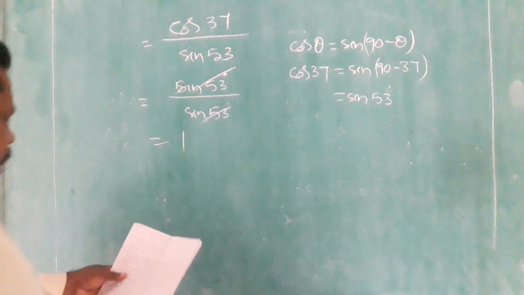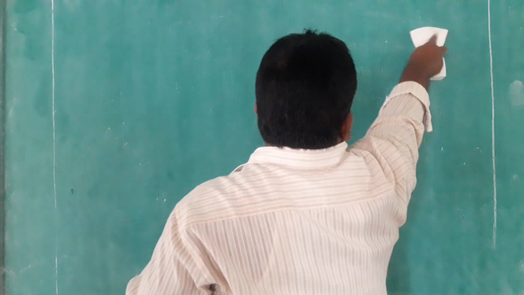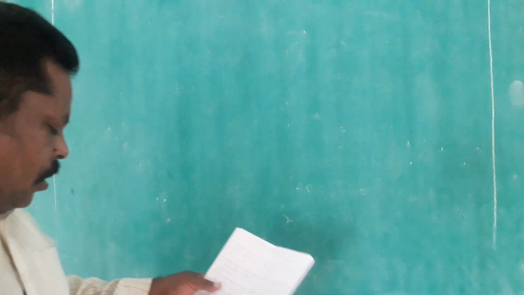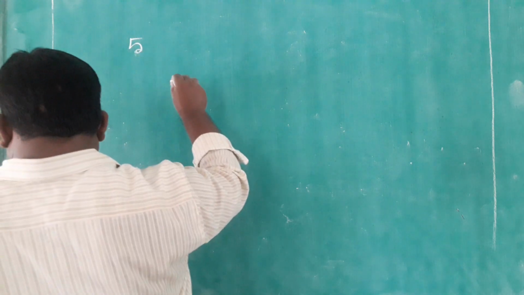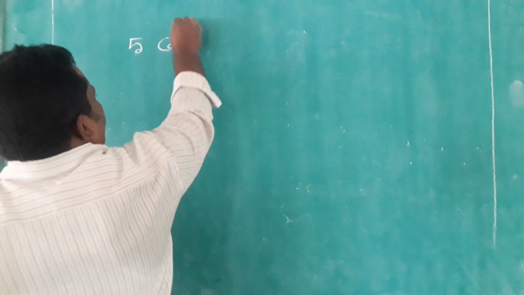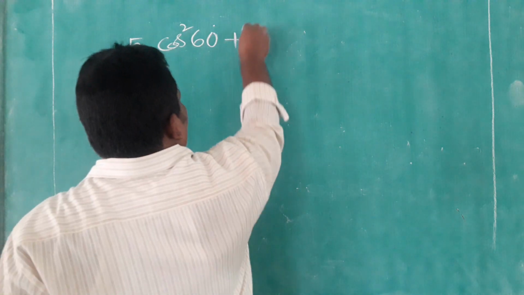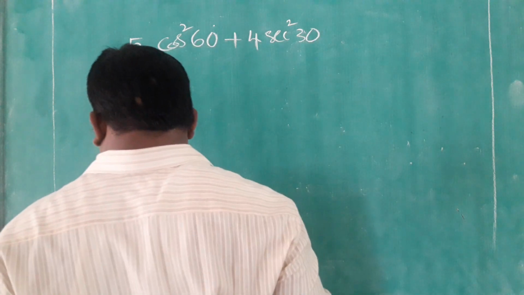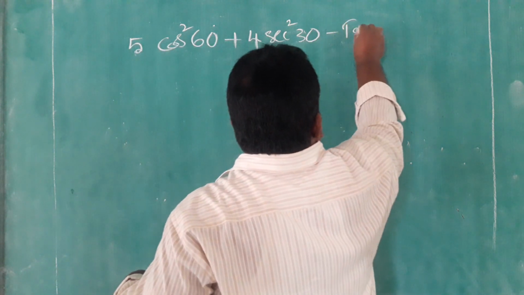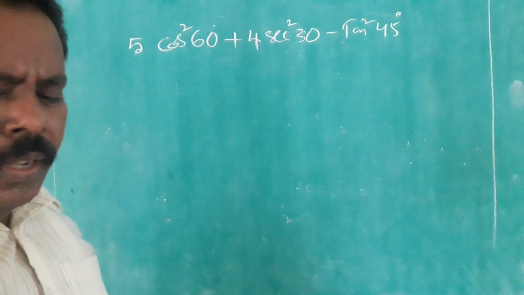Okay. Now, next, the last question. What is the last question? See here, evaluate 5 cos square 60 plus 4 sec square 30 minus tan square 45 degrees.